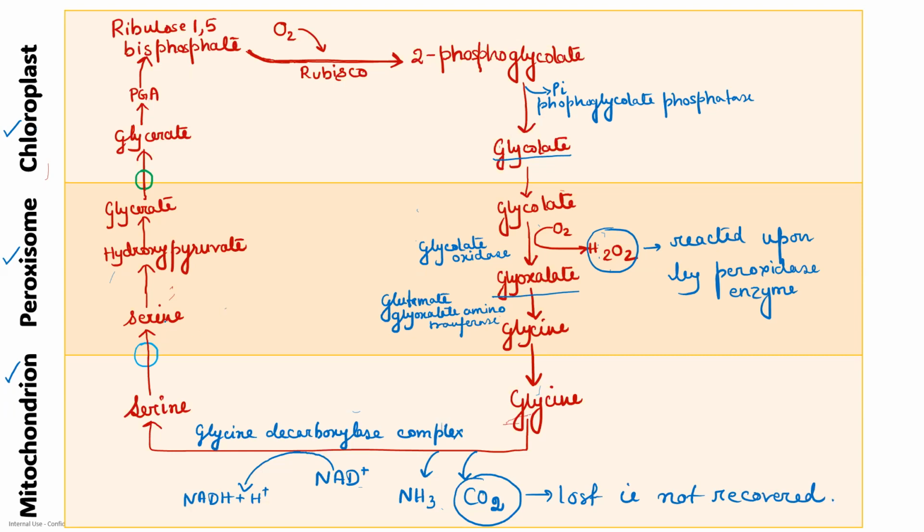Now what will happen to this serine? The serine goes into the peroxisome. This glycine to serine reaction occurs in mitochondria, and this serine from mitochondria goes into peroxisome through a translocator. This is known as amino acid translocator.